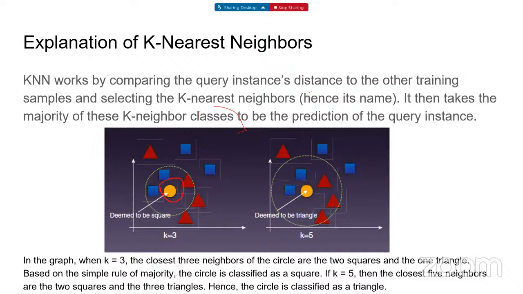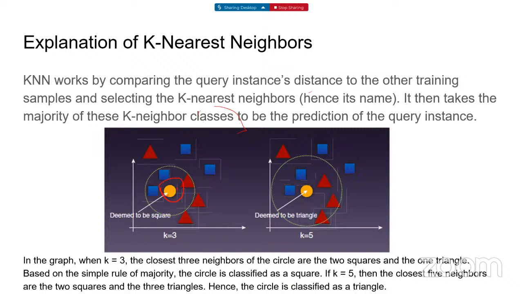So I could set up a different K value. If I choose K equals 5, what will be the result of this case? Red triangles.